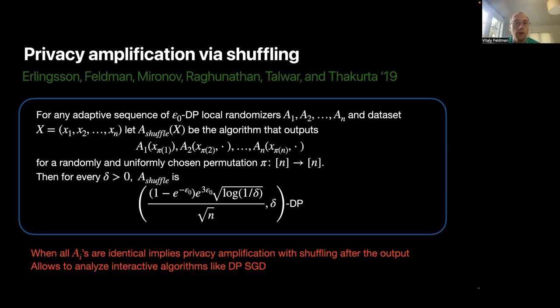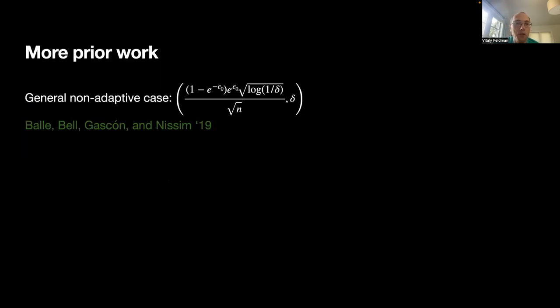So that's the general result, and there has been quite a bit of follow-up work on trying to improve this type of results. So the first follow-up work was by Bal and others, who showed that, at least for the non-adaptive case, one can improve the exponent from 3 epsilon 0 to just 1 epsilon 0, still worse than epsilon 0 over 2, which we want in the optimal result.